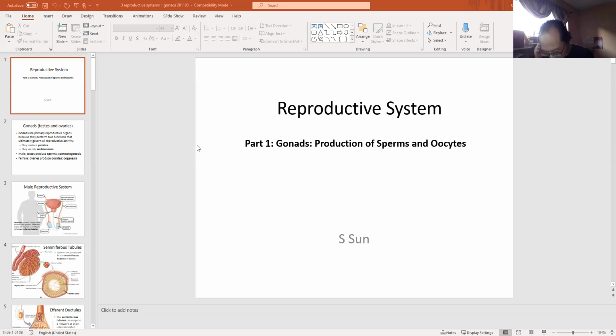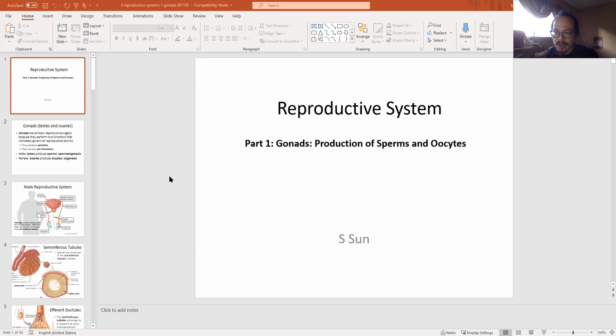Okay, so this is the reproductive system. I'd like to lay the foundation about this reproductive system, so later when we talk about the sex gene, we know how this gene affects the phenotype.